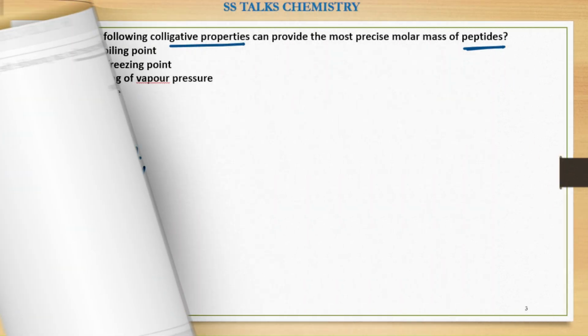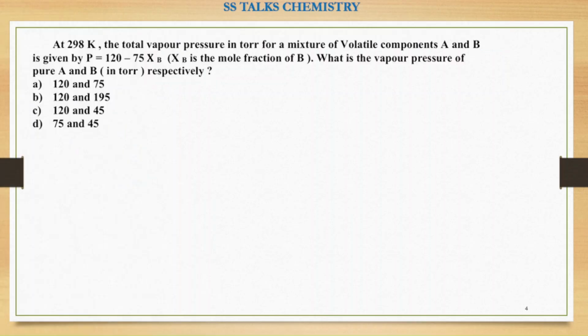Okay, the next one we have is this question. It says at 298 Kelvin, the total vapor pressure in torr for a mixture of volatile components A and B is given by this expression. Suppose this is a beaker, and we have two components, A and B, both in the gaseous phase.